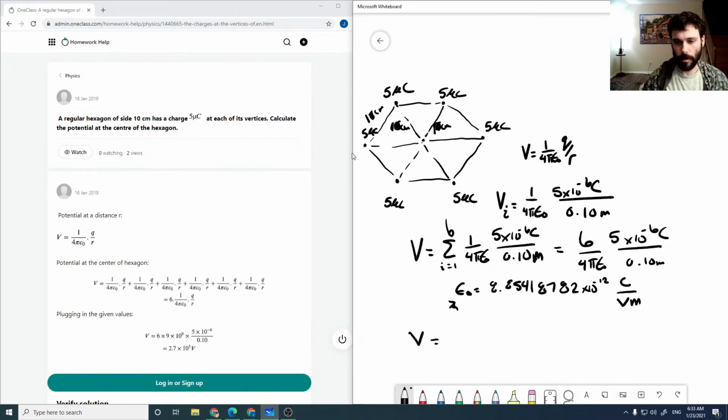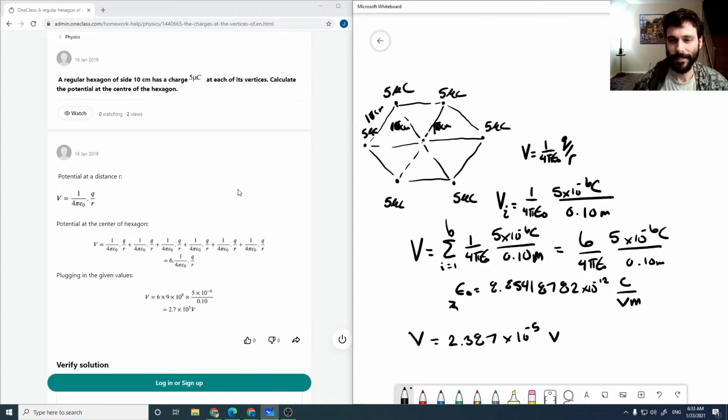Our potential comes out to be 2.387 times 10 to the minus 5 volts. If we check, kitty here coming to visit.